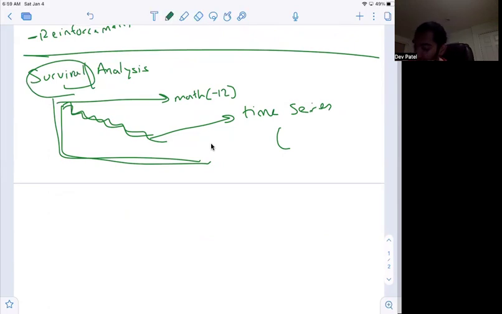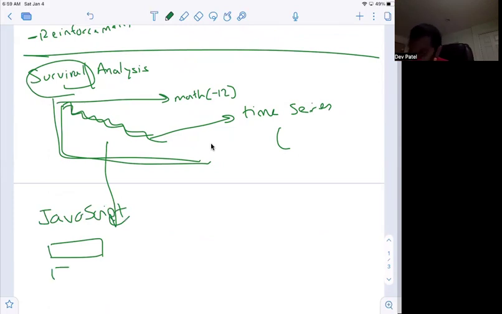So one of the projects associated with this is you can have a JavaScript web app or HTML. You can also do this in Flask with Python. You can have these different inputs where you input, hey, here's the survival curve that I currently have, from month index negative 12 to month index 12, and then now project out the rest of the 150 months based upon what you've seen so far, and also some historical data.